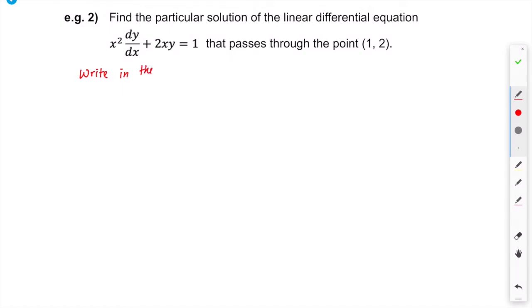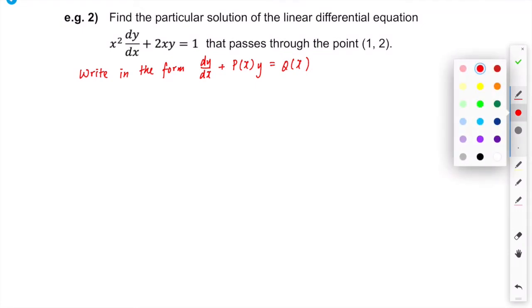Write in the form dy by dx plus p of x y equals q of x. And the good news is in your formula booklet, it actually prompts you by showing you this exact format of a differential equation before it indicates what the formula for the integrating factor is, okay? So make sure you cross-reference your formula booklet and be familiar with what's provided to you to give you hints.